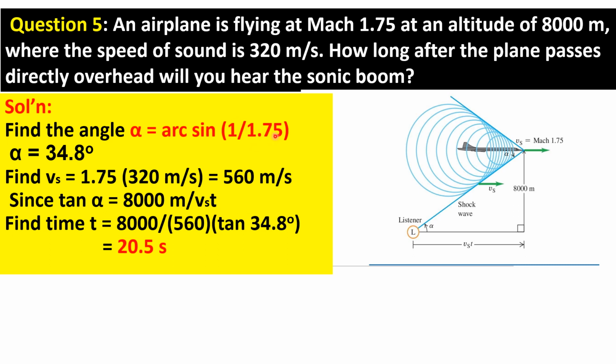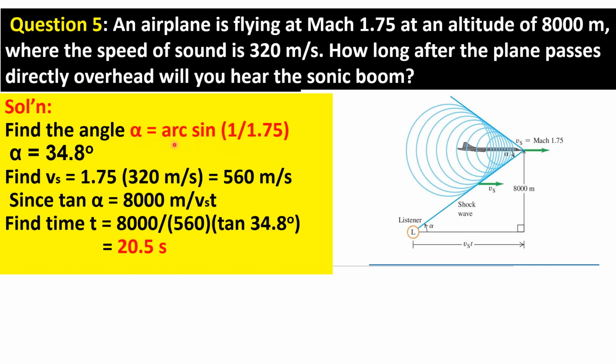Remember, the Mach number is the ratio of the speed of the source, meaning the airplane, divided by the speed of sound. And if we get the sine of that reciprocal, then we can use this formula to find the angle alpha.